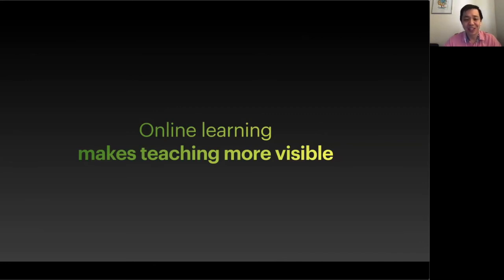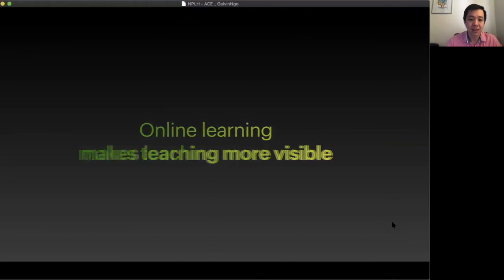Most especially in asynchronous scenarios, when we pre-write and design modules for students to go through, the teaching there is very explicit. Good teaching practices that we bring to an online scenario will continue to be effective. But bad teaching practices that we bring to an online learning scenario might become worse, because we're not there to compensate for them.